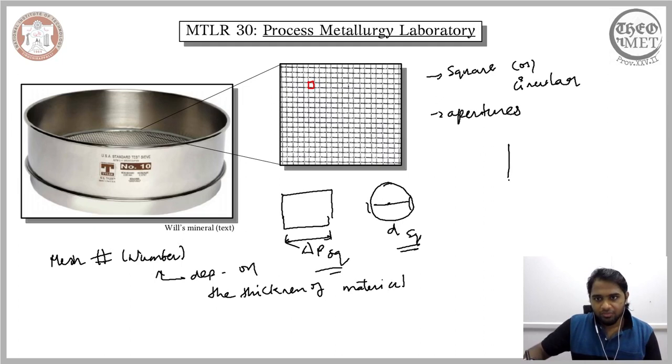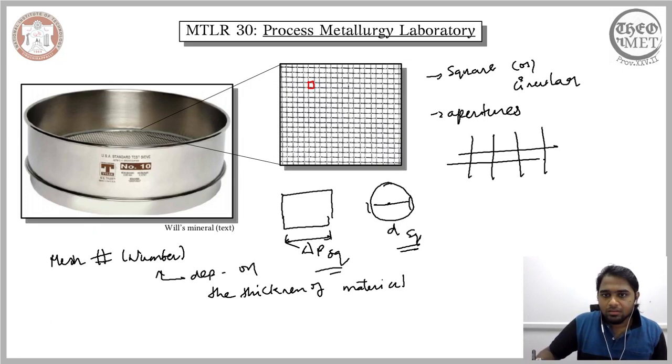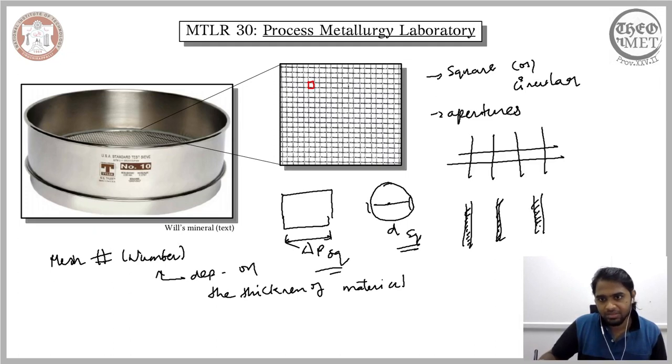When you have a thin material to form the mesh, the number of meshes that can be accommodated within a square inch area will be much higher than when the material used for making the mesh is thick, something like this.